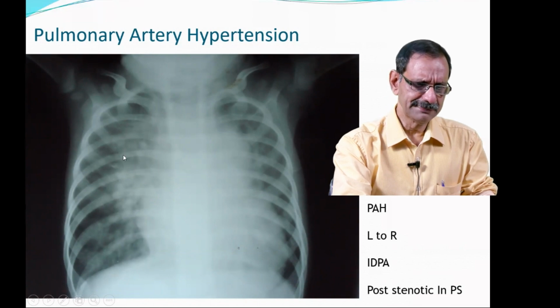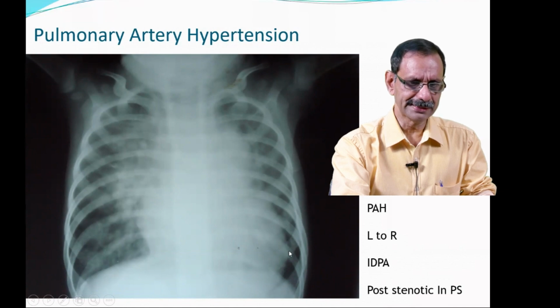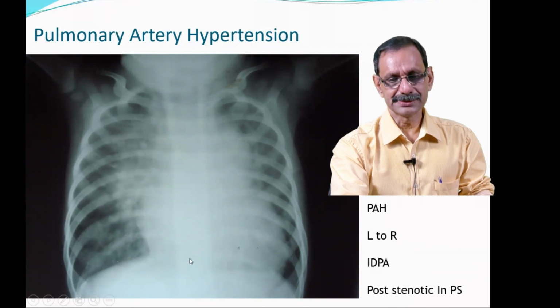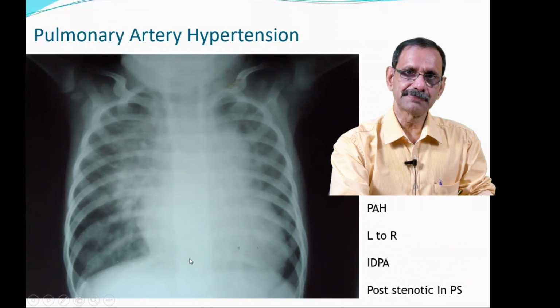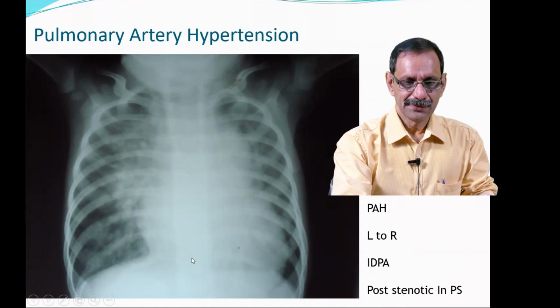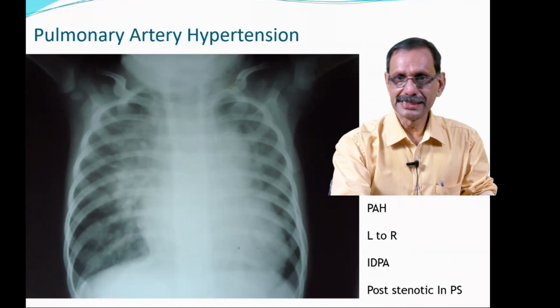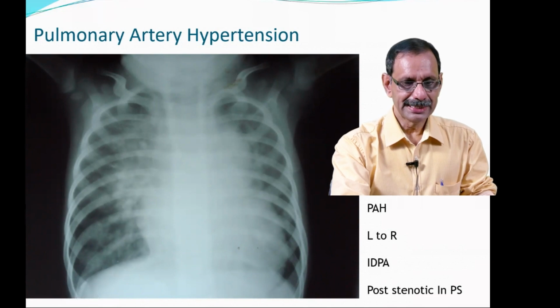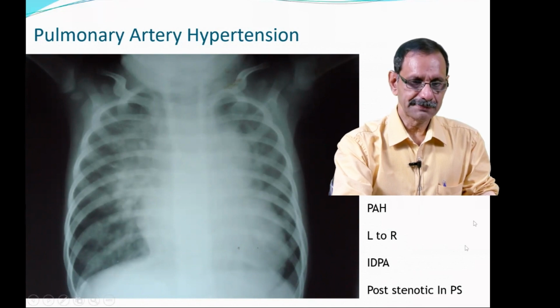Now suppose, imagine these things are all normal, there is no shadow here, but only this thing. See, there is a heart, there is a big pulmonary, and then a normal sized heart like this. Then there are two diagnoses. One is an idiopathic dilatation of pulmonary artery, where we do not know the cause and the child is totally asymptomatic. And post-stenotic dilatation in pulmonary stenosis.